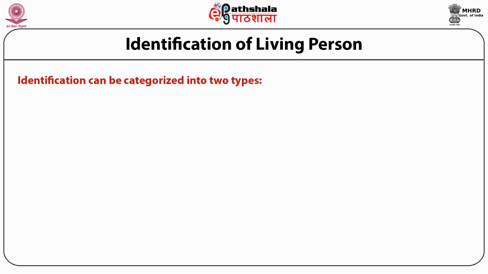The two types of identification. The first one is complete or absolute identification.